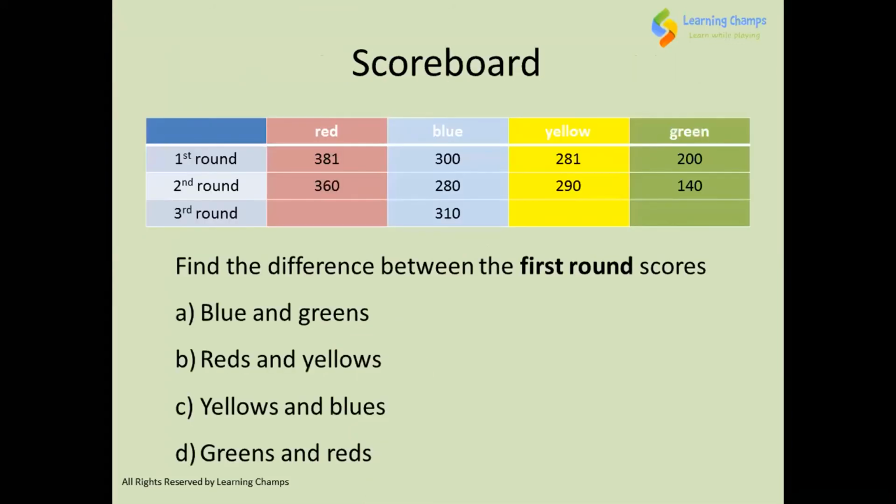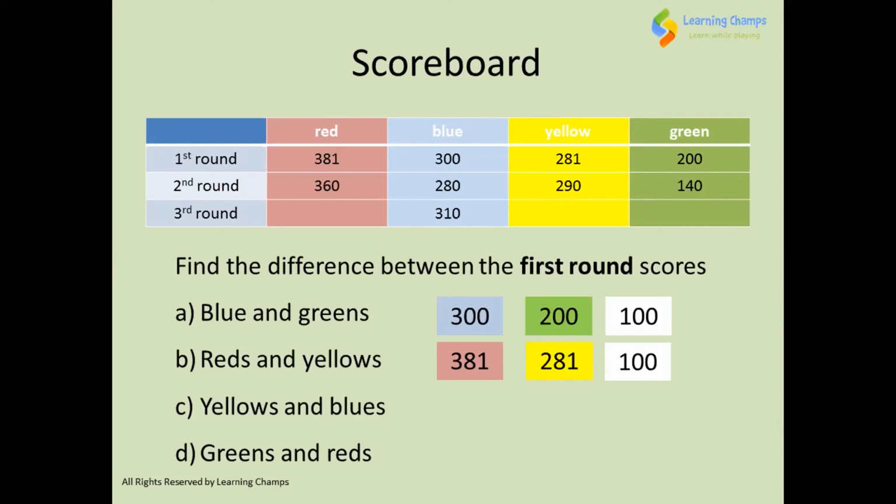Now, this is a scoreboard. You have to find the difference between the blues and the greens. Can everyone tell me the answer? The blue score in the first round is 300. Green score in the first round is 200. What is the difference, everyone? 100. In the reds and the yellows? 100 again.